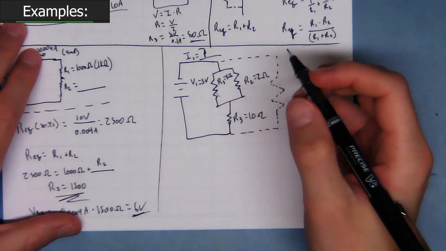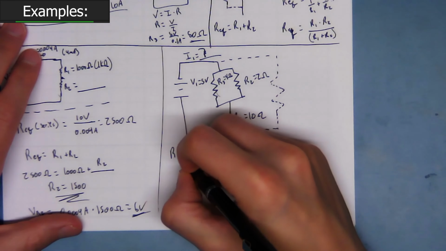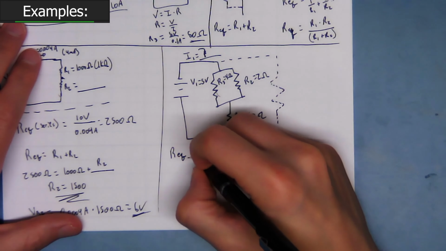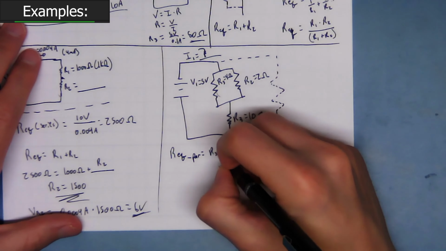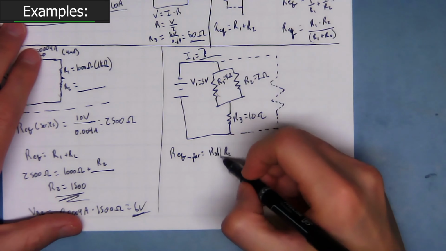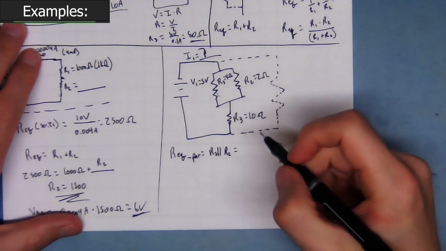I could solve this either way, but I'm just going to use some standard notation to make sure we're all familiar with it. So I'm going to say REQ parallel equals R3 in parallel with R2. That's a standard way to write that. It's like a double parallel bar. And I'll use the product over sum equation.